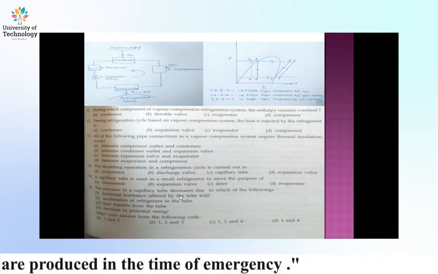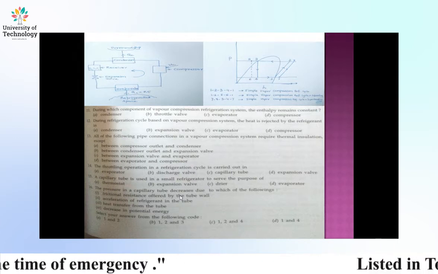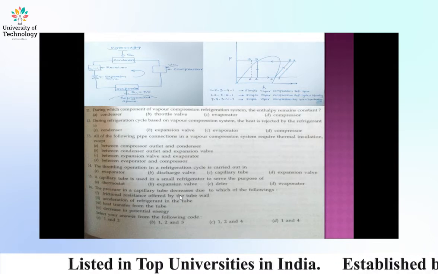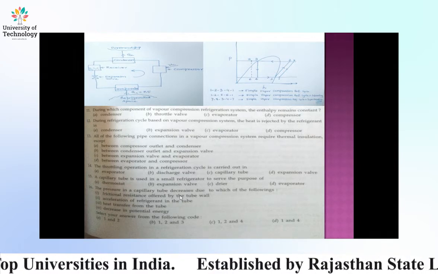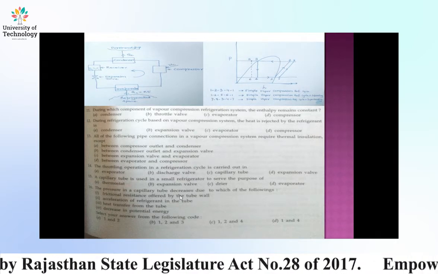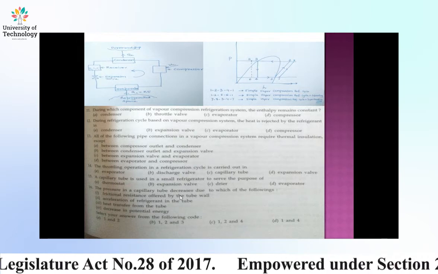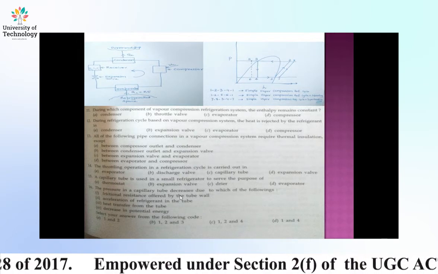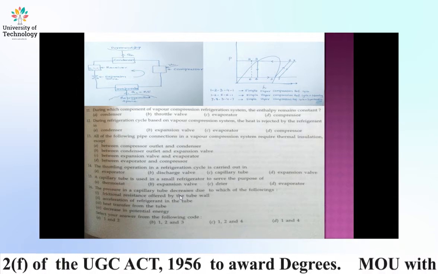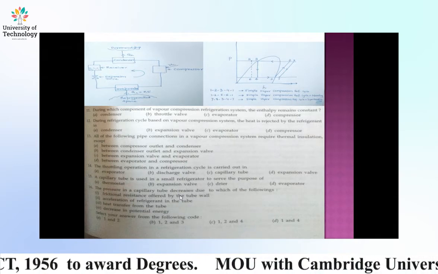Capillary tube is a very narrow tube, as we know. The fluid passes through this capillary tube. There is friction generated between fluid and the surface, due to which entropy increases, and it is an irreversible process. So option A is correct: the frictional resistance offered by the tube wall.